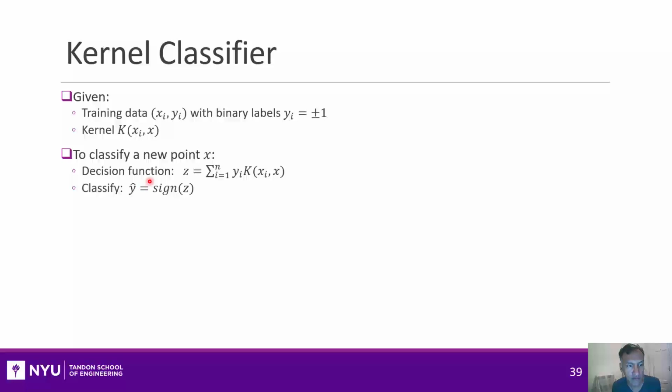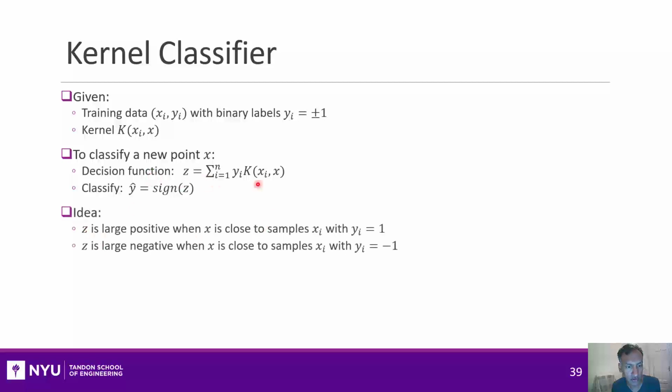and that will give me my best estimate of the class of this new point. Now, to understand this function, let's look at this decision function. Remember that the kernel is selected so that it'll be high whenever x is close to xi. So this sum here will be a large positive value whenever x is close to training samples whose yi are positive.